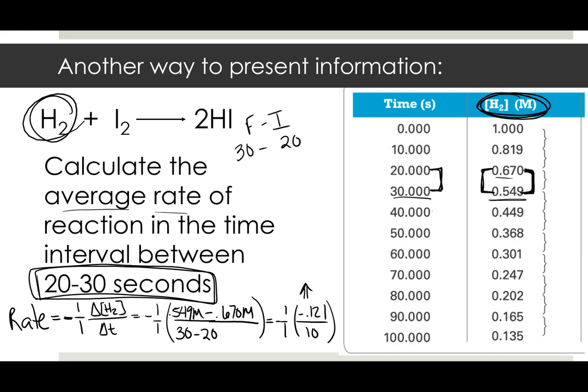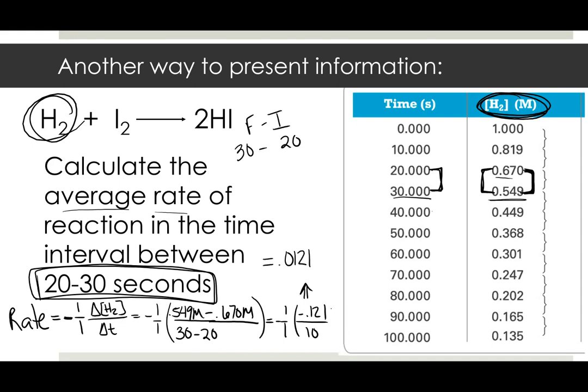So I'm going to take negative 0.121 divided by 10, and then I'm going to multiply that by negative 1, and we get 0.0121.